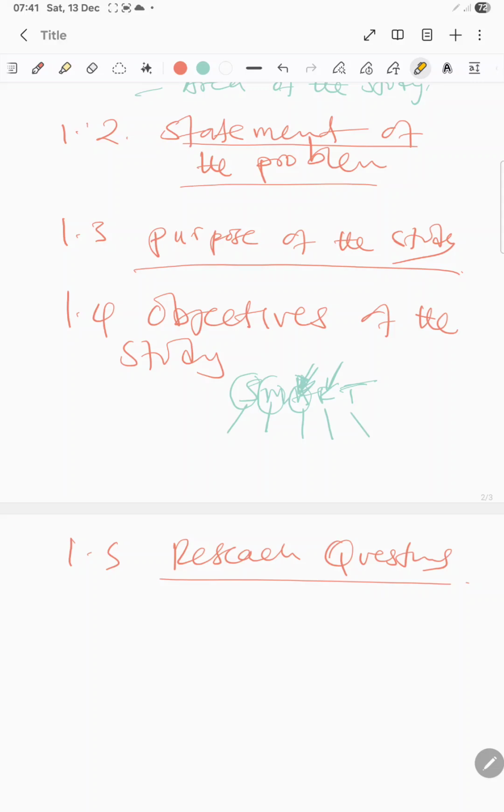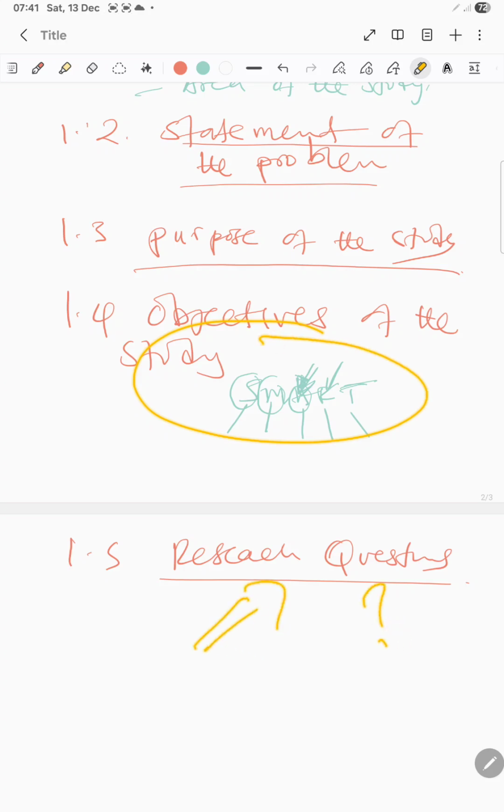For instance, if we are looking at the topic why learners fail mathematics at grade 12, and one of your objectives is to determine if the teachers have qualifications for teaching these upper classes. That is your objective. So now if you go to the research question, it means that you are just rewriting that objective that you created here in a question format. So you can put it as, do teachers have proper qualification to teach grade 12s? Then question mark.